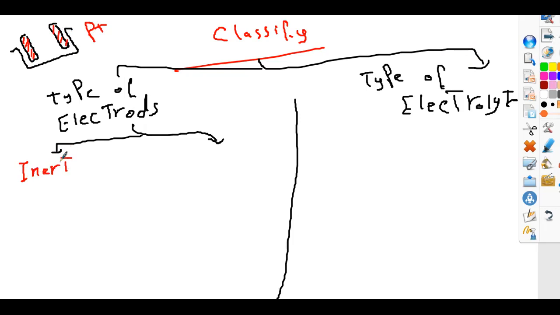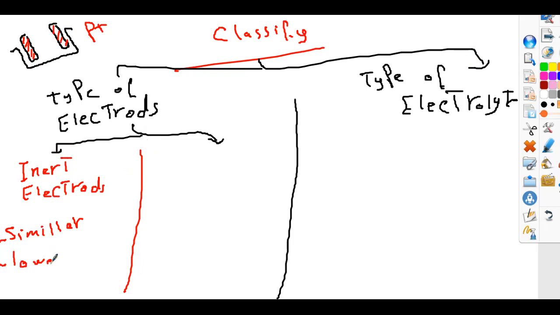Inert means it's lazy. It doesn't share in the chemical reaction. It doesn't share in the redox reaction that happens in the electrolytic cell, because they are similar electrodes with low activity, and they don't share in the reaction. So they are called inert electrodes.